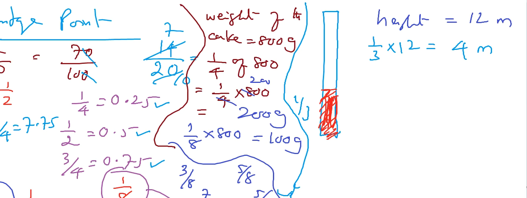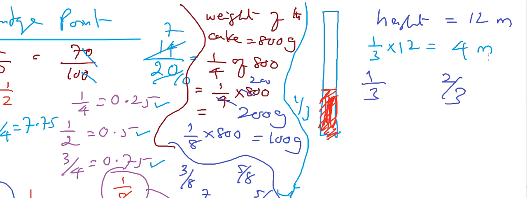Okay, the question is, what is the portion of the pole not painted? So 1 by 3 is painted. So remaining is what? As I said, 1 minus 1 by 3, which is 3 minus 1, 2. So 2 by 3 of the height or length is not painted, correct?